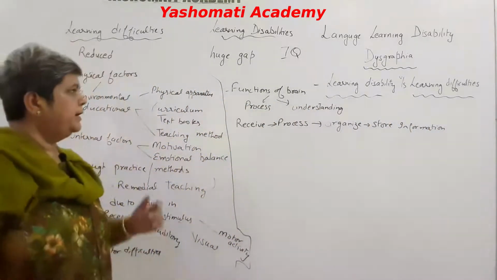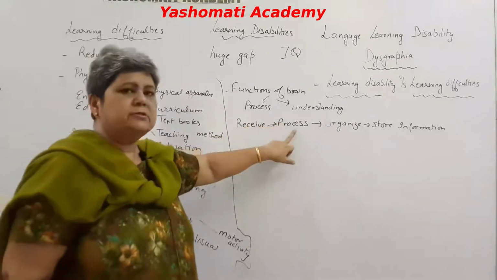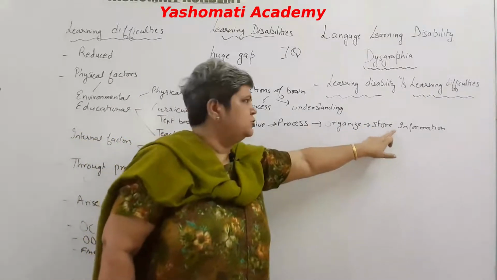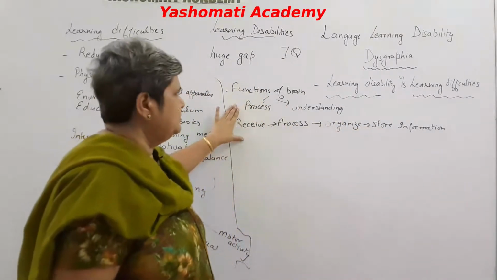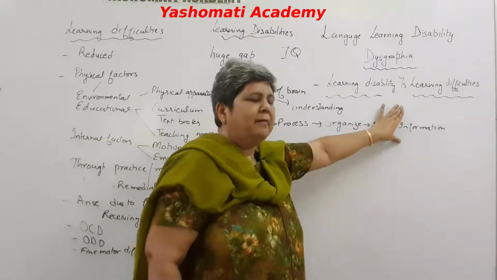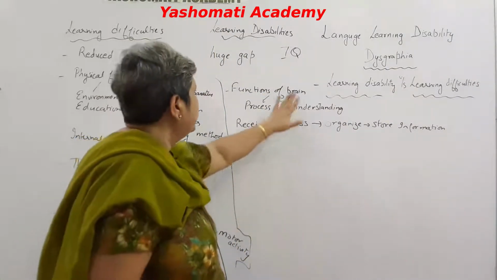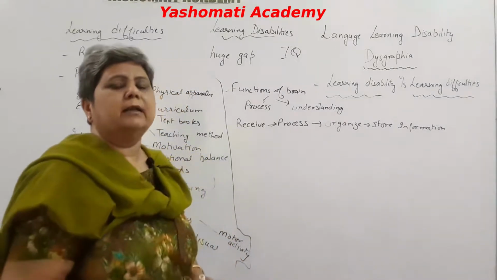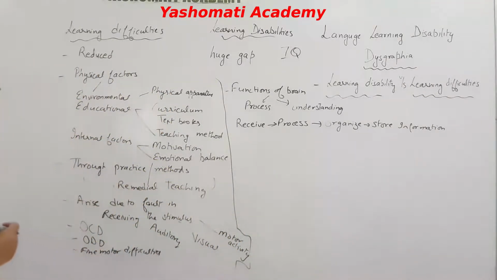So when the brain, due to some reason, is not able to receive the stimulus, process the information, organize the thought and store the information, which is memory, when there is a problem with receiving the stimulus, processing the information, organization and memory, then learning disabilities will appear. So these functions are related to the brain, or these are intrinsic to the learner. These reasons are present inside the learner.